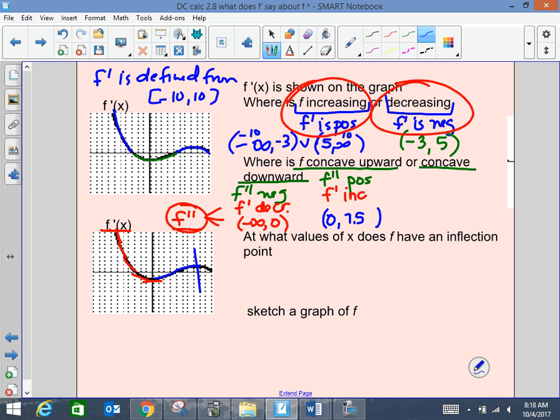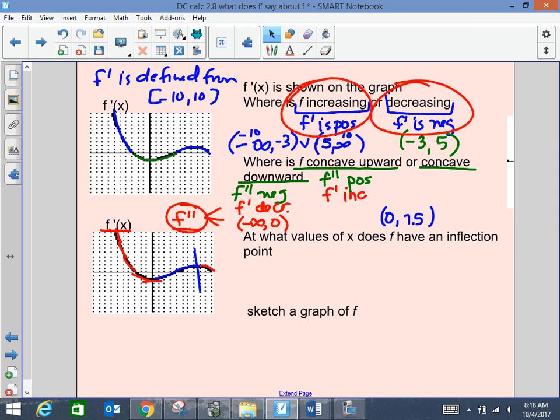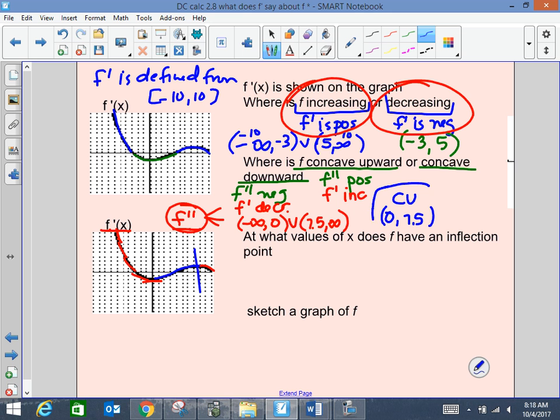Okay, and then what are we doing again? Right here, we're decreasing again, right? So at 7.5 to infinity. Okay, this is concave up, just to be clear.